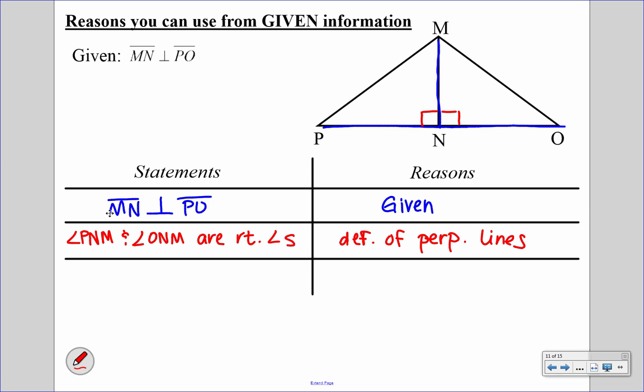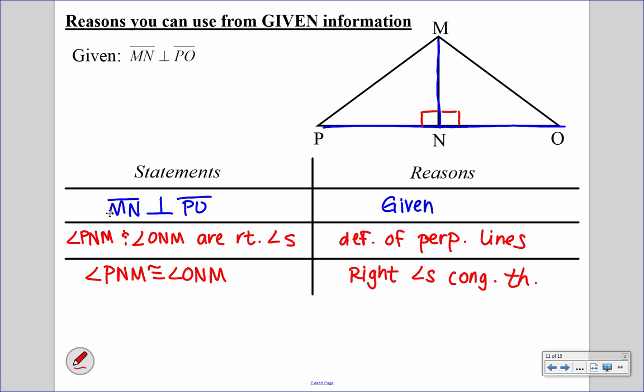And then once we state that they're right angles, we can say that angle PNM is congruent to angle ONM because of the right angles congruency theorem.